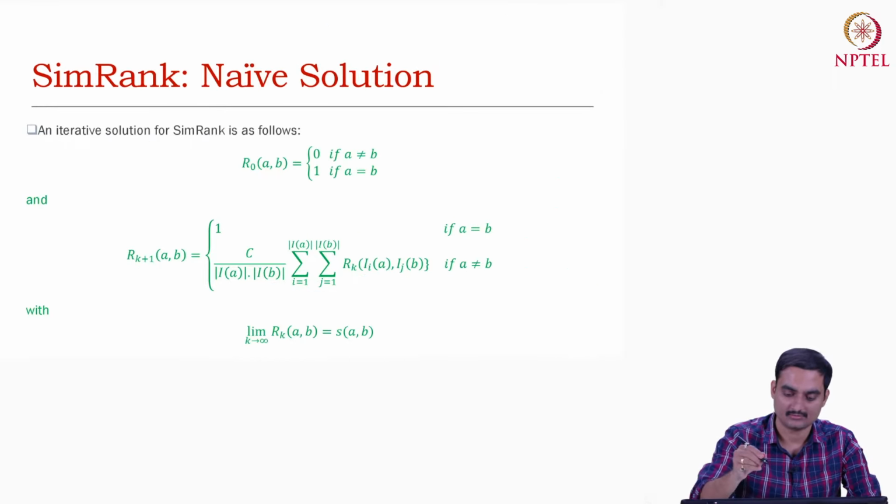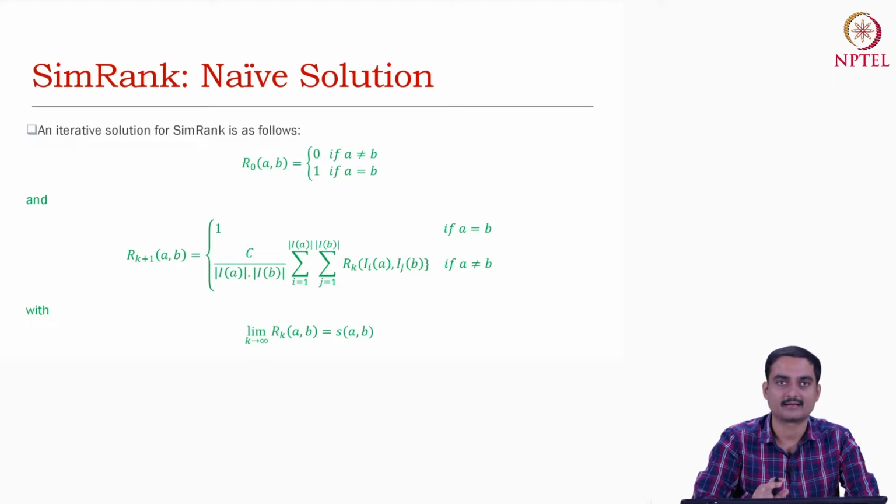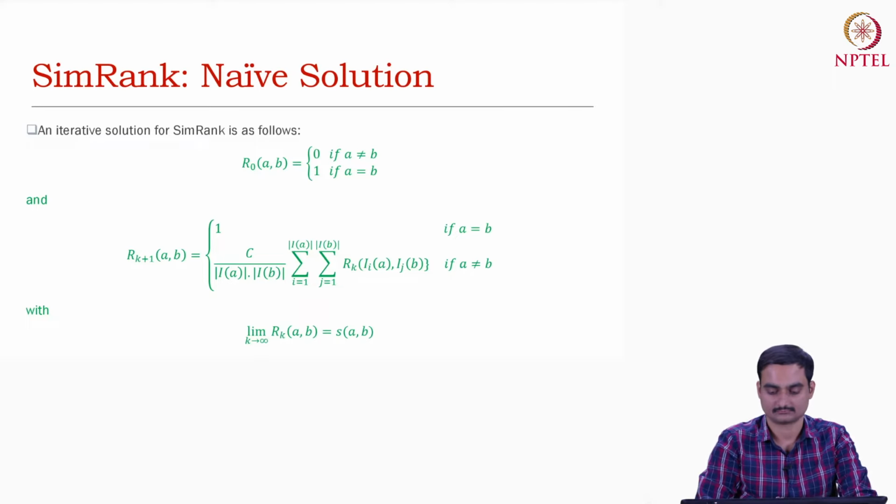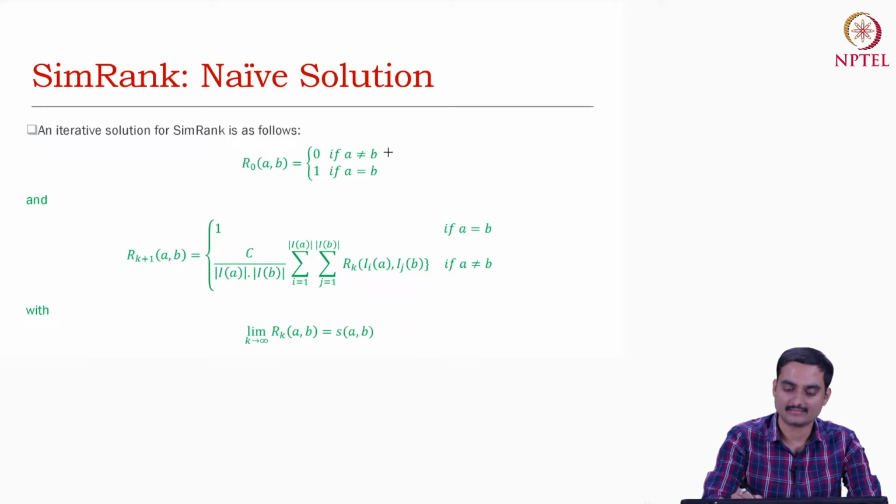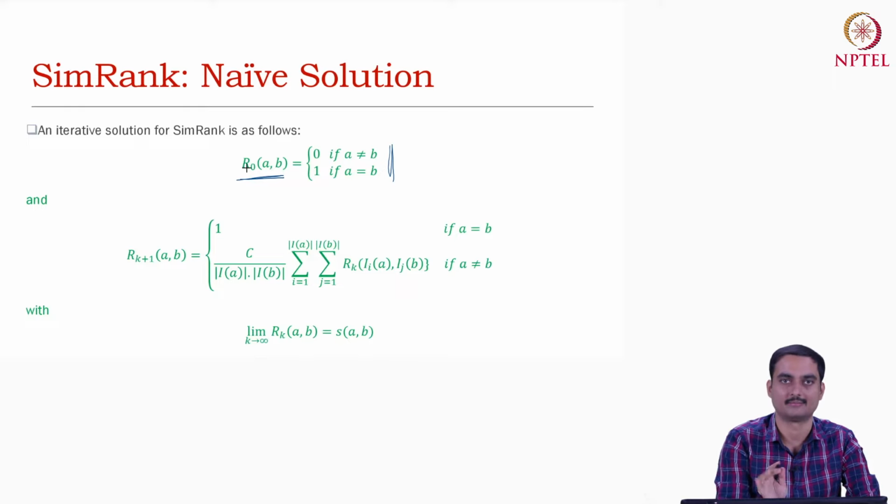Now let us make it even more concrete. I start with a similarity. Assume that S and R are the same. I denote similarity by R. So similarity at the zeroth iteration between A and B is either 0 or 1. If A and B are the same, then 1.